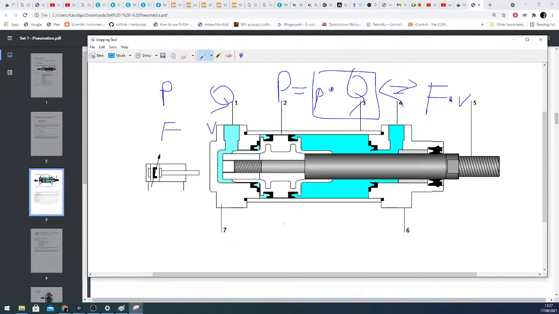How do we measure it? What kind of scales of flow rate we have? and so on. So we do have some time left, and we will start to talk about the pressure, and then we'll talk about the flow rates.